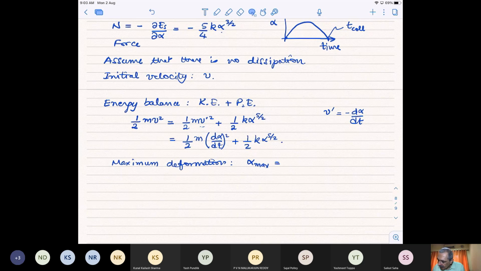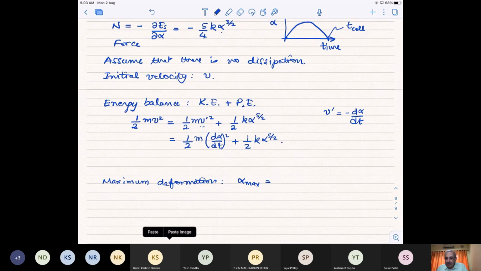So essentially we can drop out this term, and so now we have just a very simple equation. Let me just simplify this before I write down what is alpha max. I just cut out all the common factors. So here you can see that this is just v squared is equal to d alpha by dt whole squared plus k divided by m into alpha raised to the power of 5 by 2.